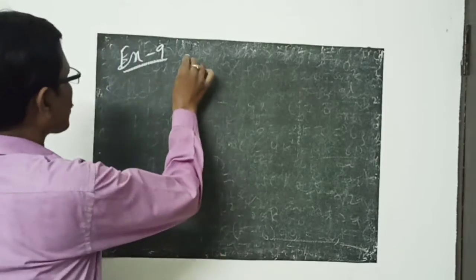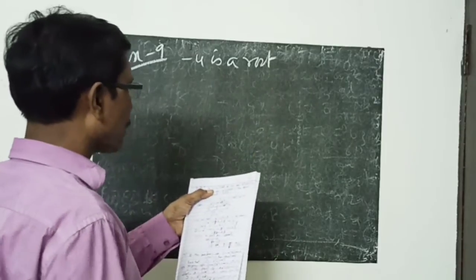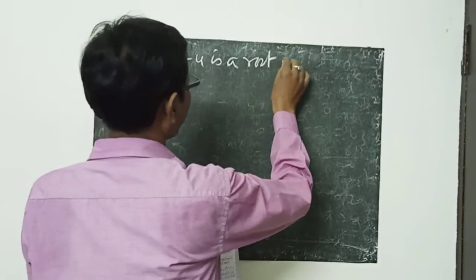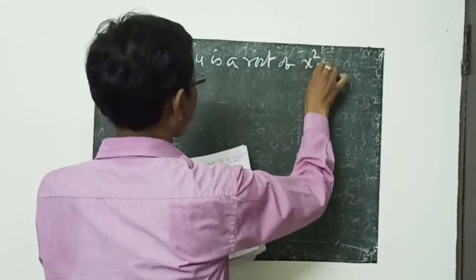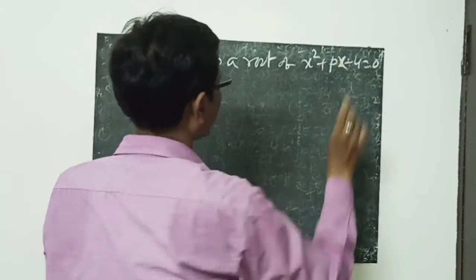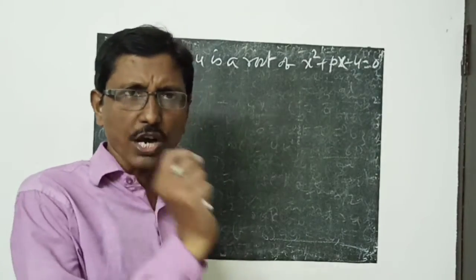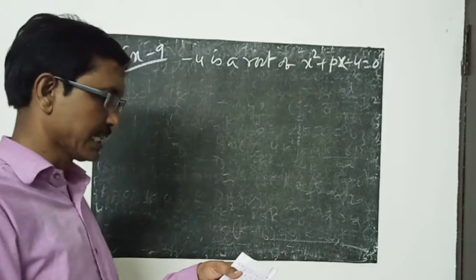If minus 4 is a root of the equation x square plus px minus 4 equal to 0, its one root is given as minus 4.